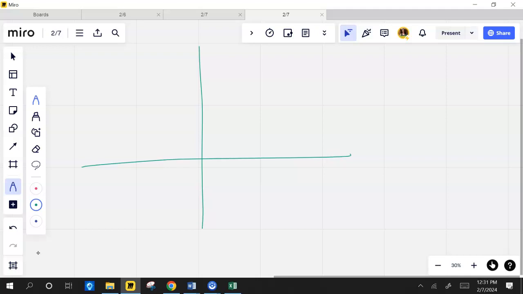And so this one has been slid to the right 5: 1, 2, 3, 4, 5. And down 1, which has essentially moved my asymptotes as well. So there are my new asymptotes. If you weren't slid that way, then you were off to start with.